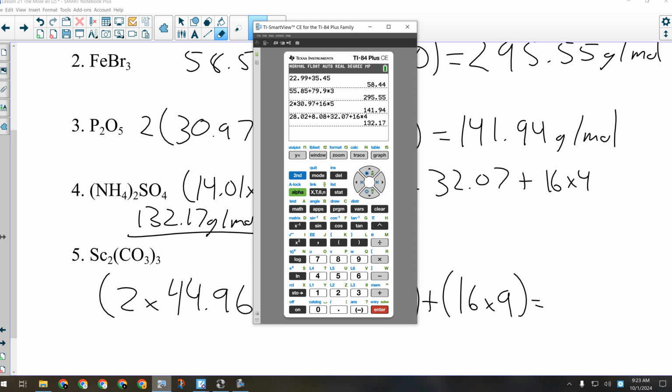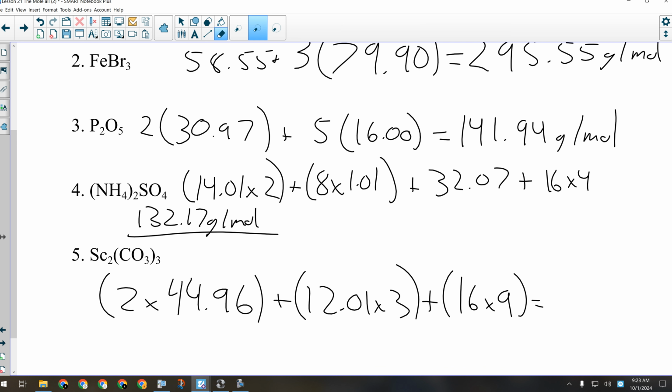All right, so 44.96 times 2 plus 12.01 times 3 plus 16 times 9. Okay, 269.95 grams per mole.